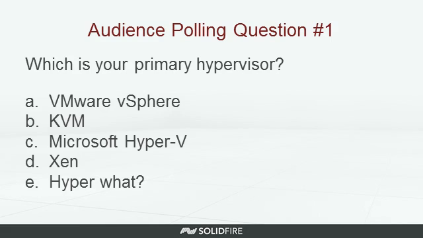And we've got a couple examples up there of VMware vSphere, KVM, Microsoft Hyper-V, Xen and XenServer, or you're not virtualizing anything and you're not real sure exactly what a hypervisor is. So take a second and go ahead and put your answers in, and after we get a few votes in there, we'll go ahead and view the results and then continue on to the next part of the presentation.